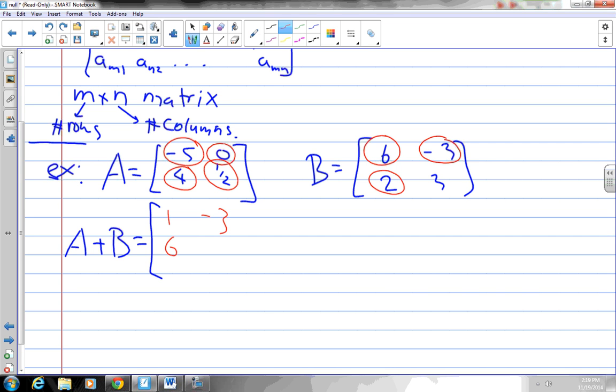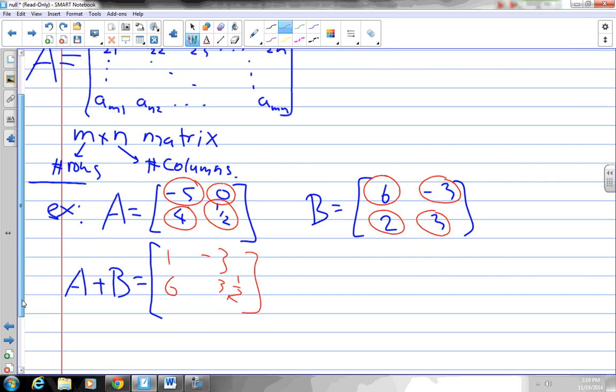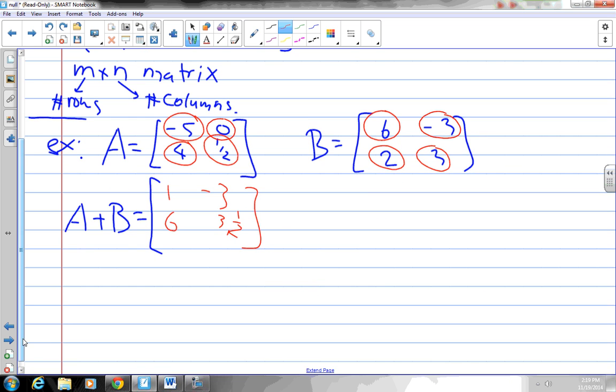And you'll take 1/2 and add it with a 3, you'll get, no, what? 3.5. Yeah, here we go. That's what you get. So you're just adding the components, very natural, nothing fancy. We can add two matrices, we can subtract.